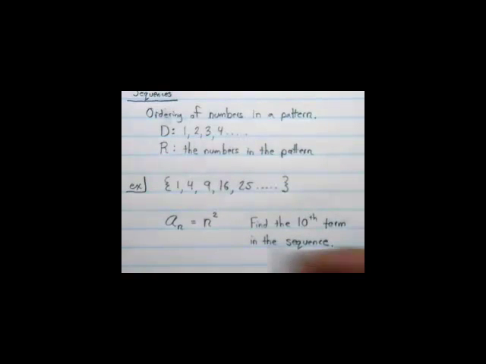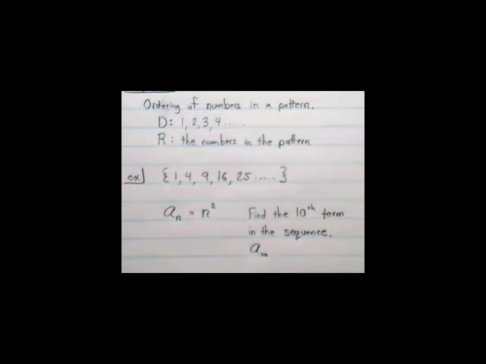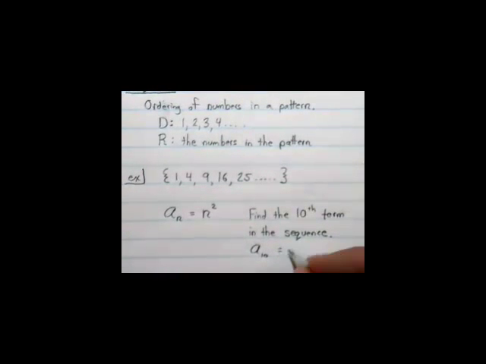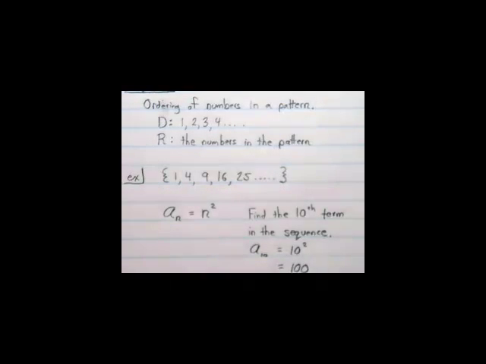So the 10th term of the sequence would be a sub 10, right? Because now we're doing the 10th one instead of just n. And that's going to be 10 squared. So the 10th number in that sequence should be 100. So that's why we come up with these formulas: if I want to know something about a sequence down the line somewhere, I can just plug into those little formulas and get it that way. Okay, so the first term is a sub 1, the second term is a sub 2, all the way, so the 10th term is a sub 10.